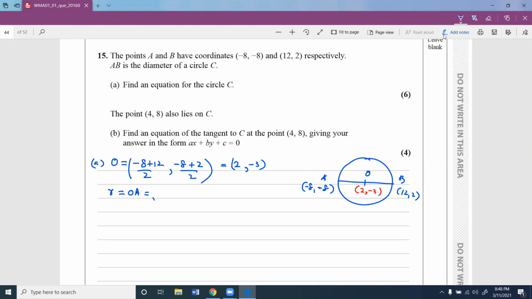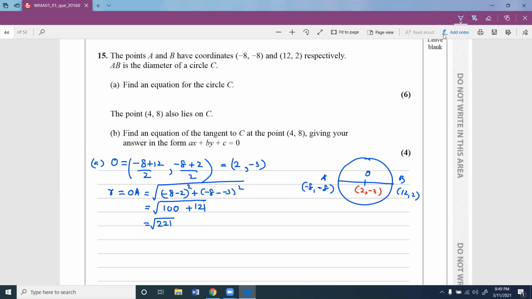You can use the length between 2 points: x1 minus x2 whole thing squared, minus 8 minus 2 whole thing squared, plus y1 minus y2 whole thing squared, minus 8 minus minus 3 whole thing squared, the square root of it. That turns out to be 100 plus 121, the square root of it. It turns out to be the square root of 221.